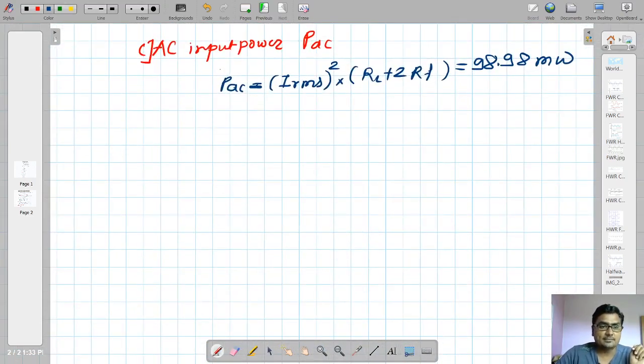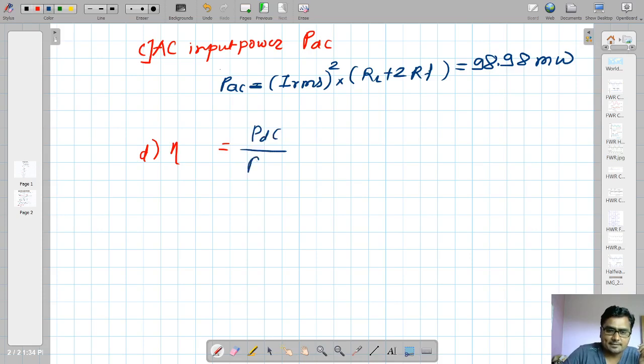Let us calculate D as efficiency. If you want, we can calculate percentage efficiency. But what is efficiency? We know the equation. Efficiency is DC power, that is PDC divided by PAC.